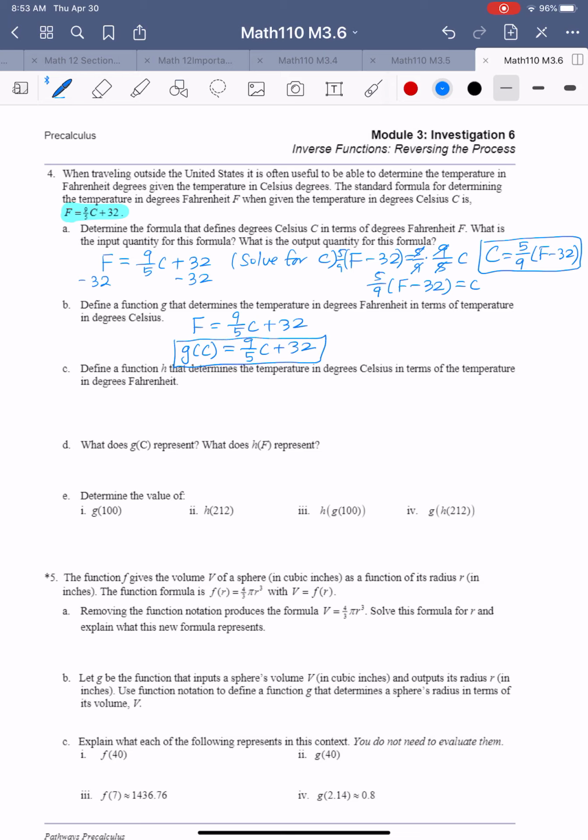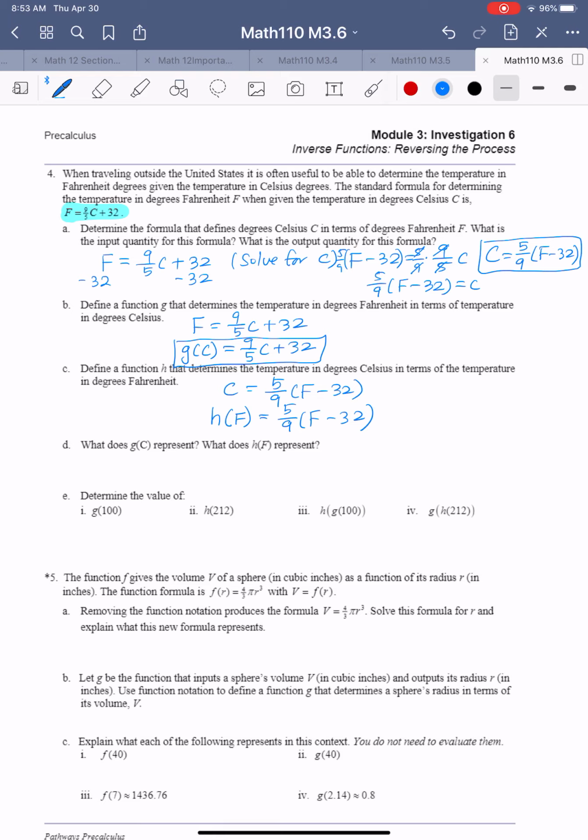And then in C, define the function H that determines the temperature in degrees Celsius in terms of the temperature in degrees Fahrenheit. So you find the degrees in Celsius from the Fahrenheit, but instead of C, I can say this is H of F, which is 5/9 times F minus 32.